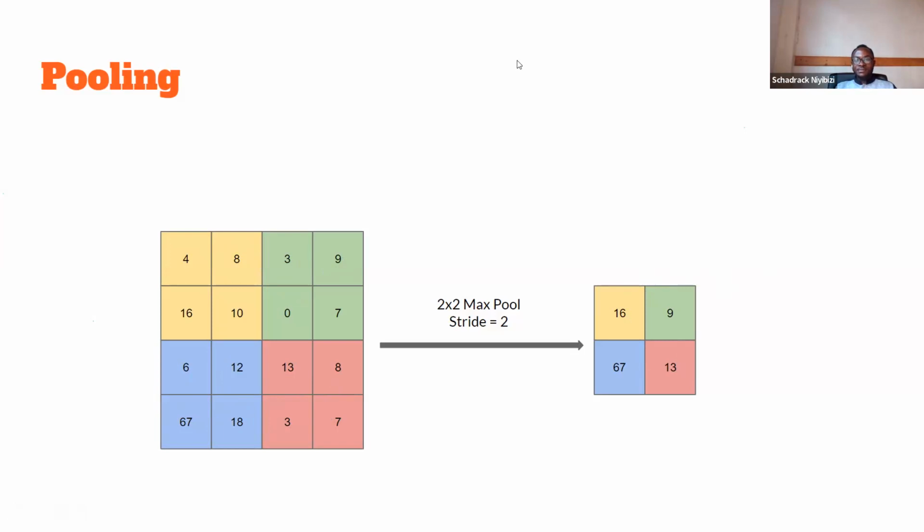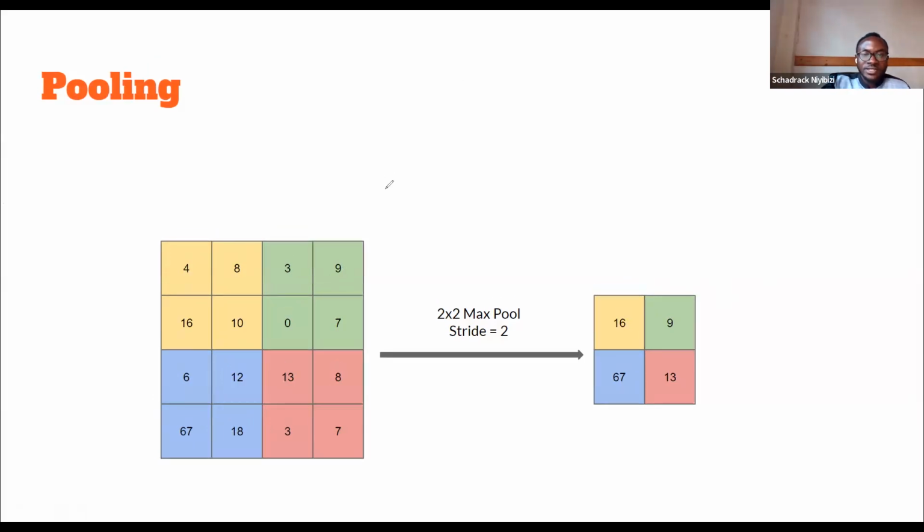Then the calculation for the output size is the same. For example, for the height, it is the same as what we did on the convolution: the height minus the pool size, divided by the stride, plus 1.